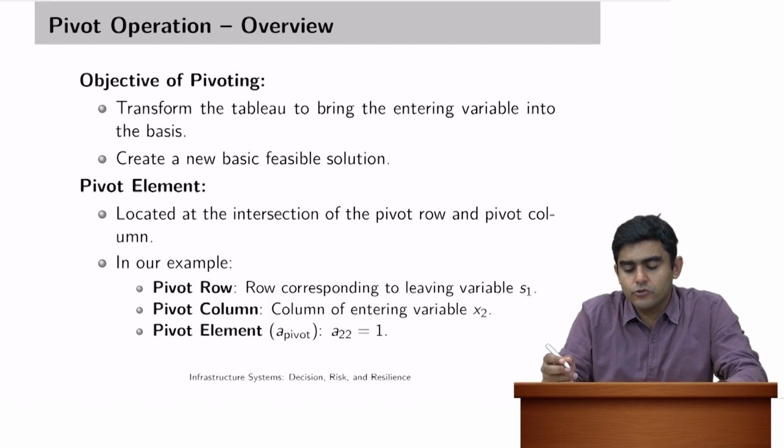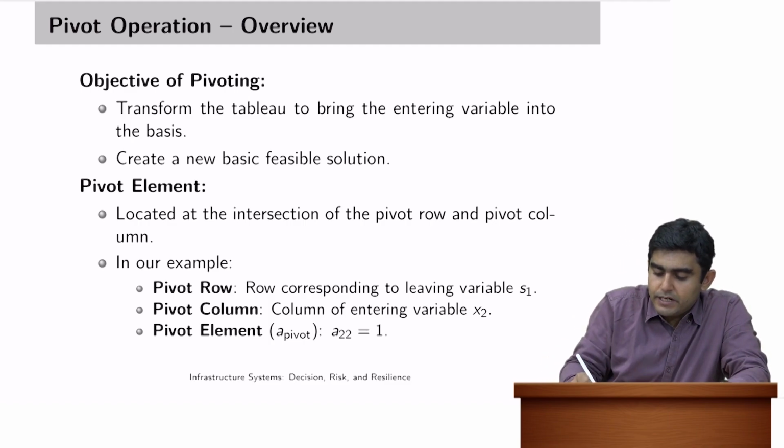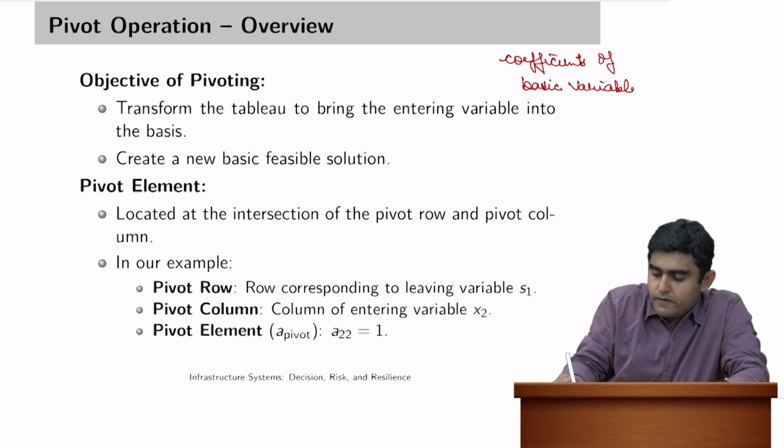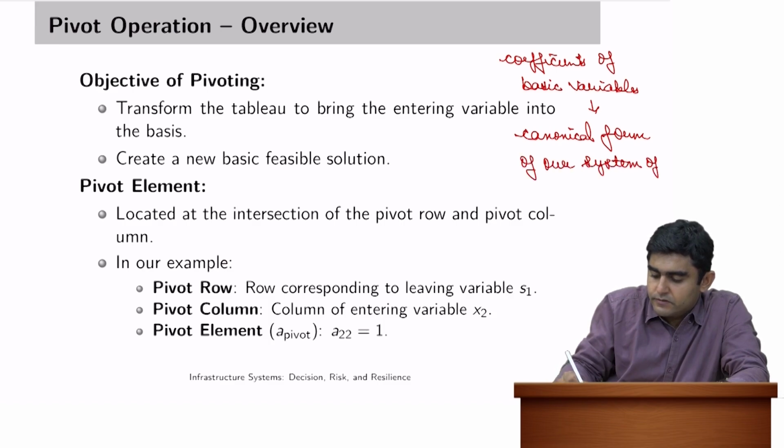So we have to ensure that we update the values of all coefficients of basic variables in such a way that the canonical form of our system of linear equations is preserved.